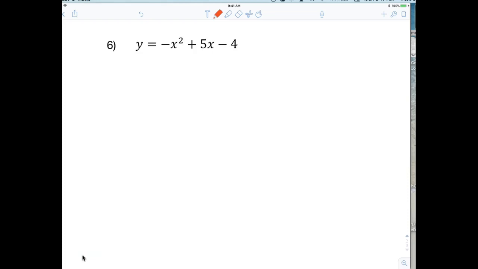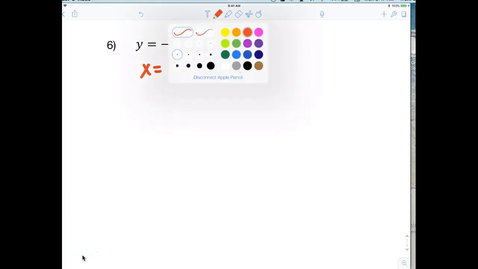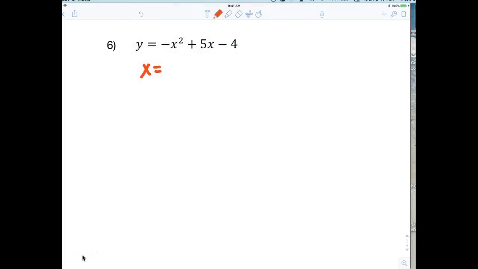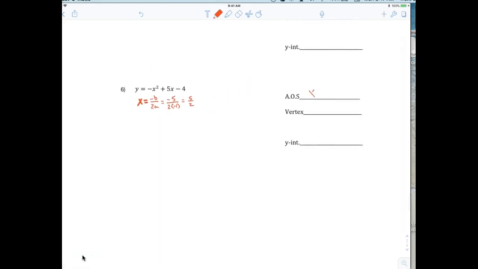First off, x equals negative b over 2a. So it's going to be negative 5 over 2 times negative 1. So it's 5 halves. Everybody good with it being 5 halves? So your axis of symmetry, x equals 5 halves.